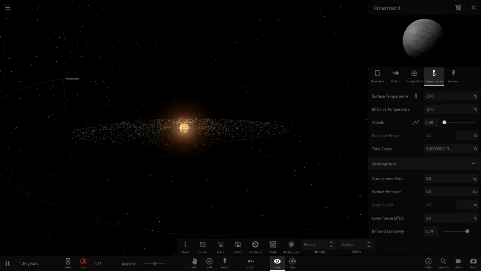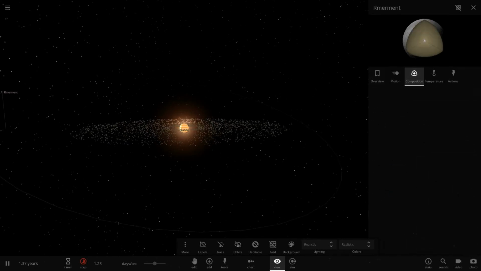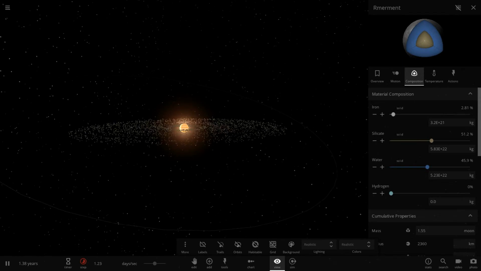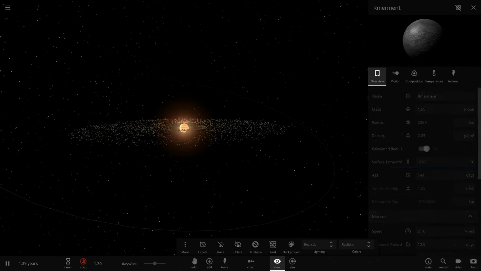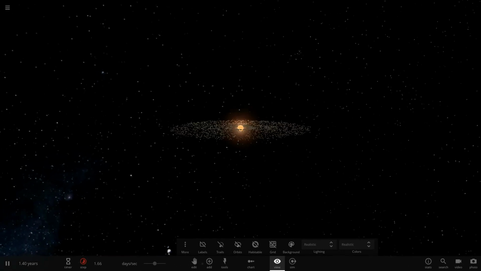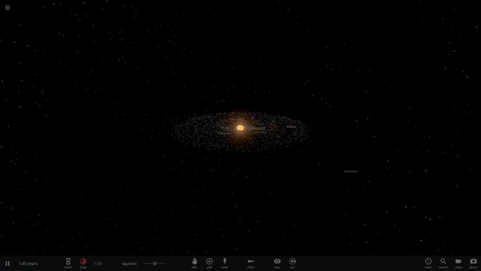What's this albedo as? Let's actually give it some ice, because this is obviously a dwarf planet. Doesn't really have an iron core. Now, what does it look like? You still can't see it, and we've lost it. Bugger. Let's just keep labels on.